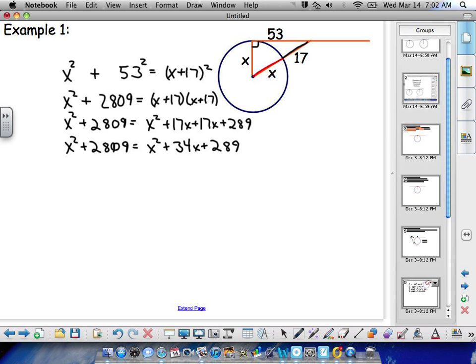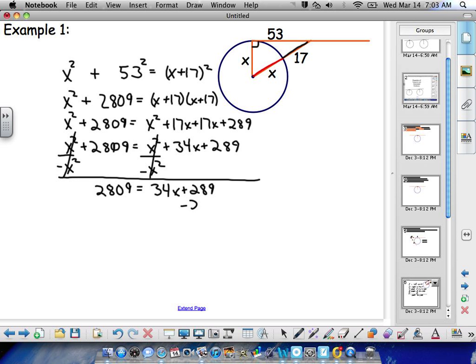Right. Move terms to the same side. If you notice, we have x squared and x squared. So if we subtract x squared from both sides, it'll cancel itself out. That leaves us with 2,809 equals 34x plus 289. This should be a pretty simple problem from Algebra 1 now. Let's isolate x.